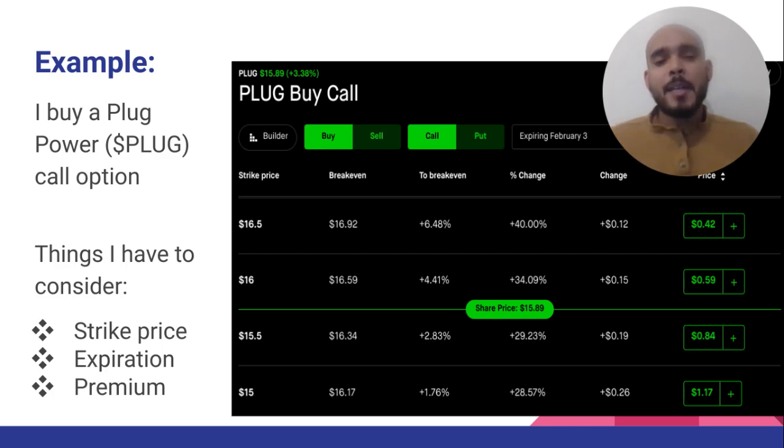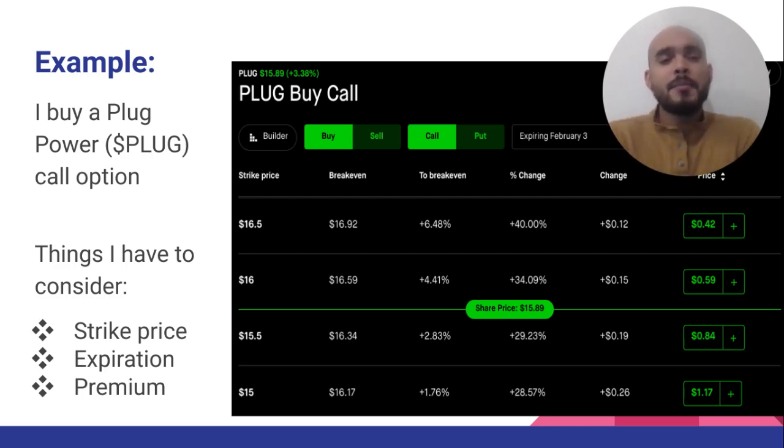So I pick at the money because it's kind of a nice balance between intrinsic and extrinsic value. If I'm not entirely sure where the trade will go, I won't lose a lot of money. The value of the contract won't diminish too much at first. And if it does gain some momentum, I'll make a healthy profit.